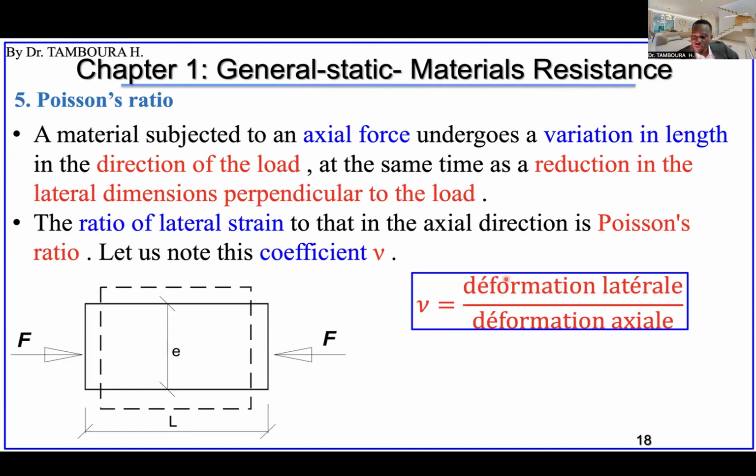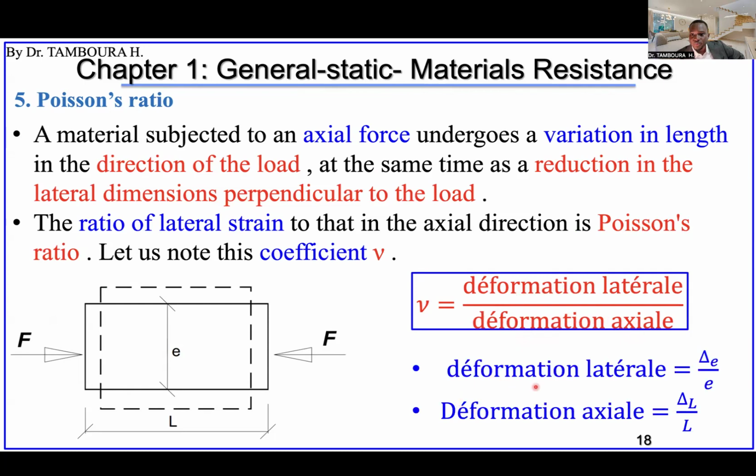So lateral deformation, that is to say lateral strain, okay, divided by axial strain, axial deformation. Okay, so delta E, it is in French, but you understand, I think. Delta E is the variation of this in this length. Okay, what I explained before.